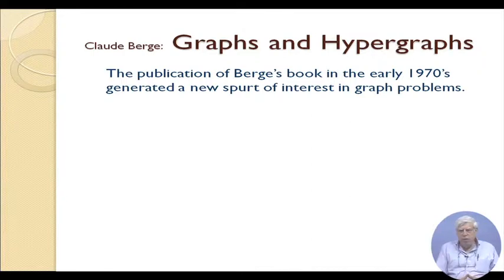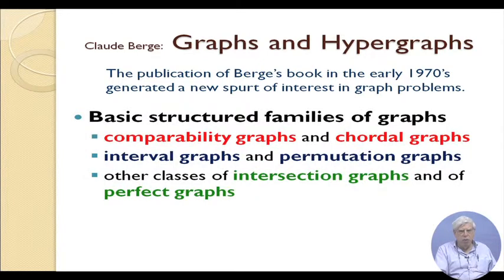One of the influences of my studying in graph theory and algorithmic graph theory started when I read the book by Claude Berge, Graphs and Hypergraphs. His publication of this book in 1970 was a spurt that drove a lot of people into looking at new ideas in this area.